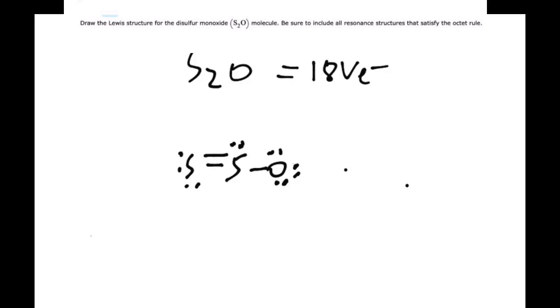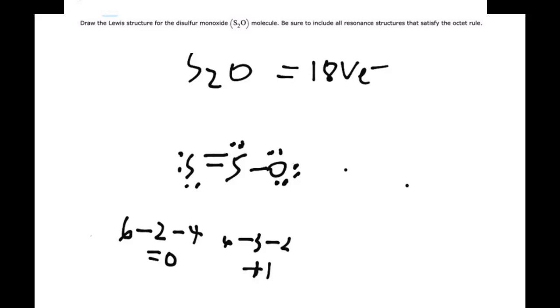Is this neutral? Yes, it is, because if we calculate the charge on each of these elements, for the sulfur on the left it would be 6, because 6 valence electrons to start with, minus the number of bonds, so 2 bonds, minus the electrons found in lone pairs, which is 4, equals 0. For the central sulfur, it's 6 minus 3 minus 2, which is positive 1.